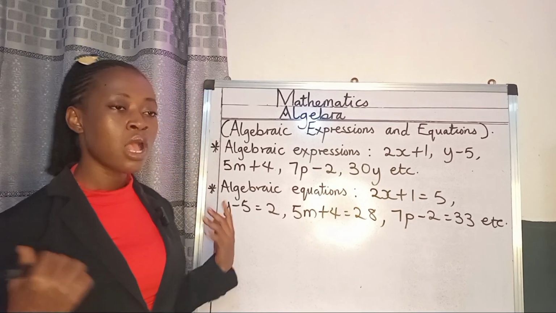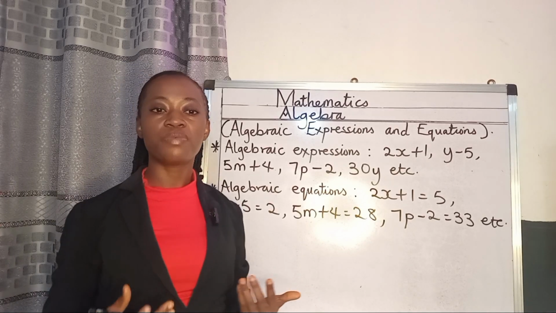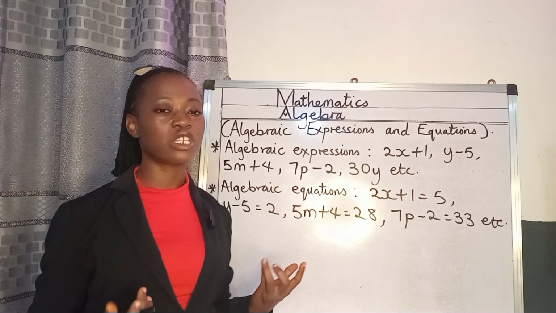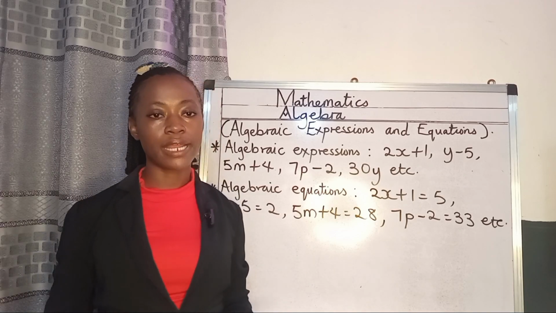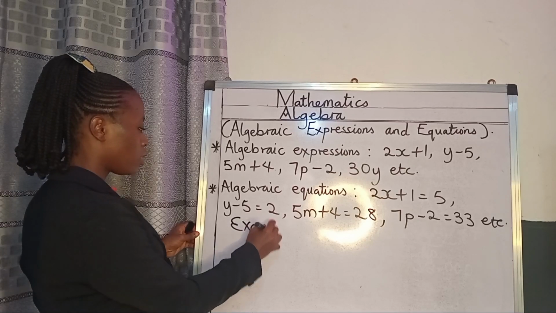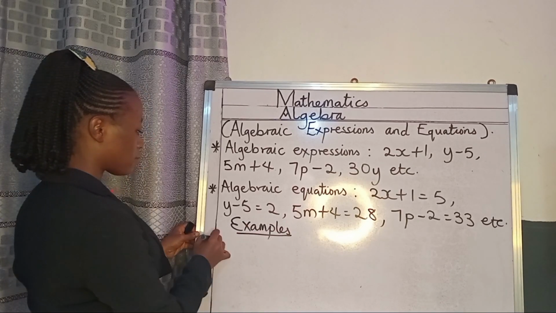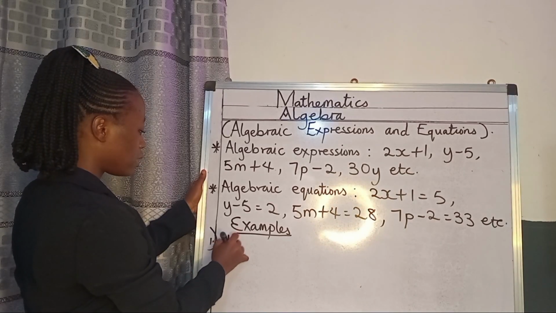Okay. Now you can be given some problems and you'll be asked to express such questions in terms of algebraic expression. All right. Now let's say, for example, you have a question like this.